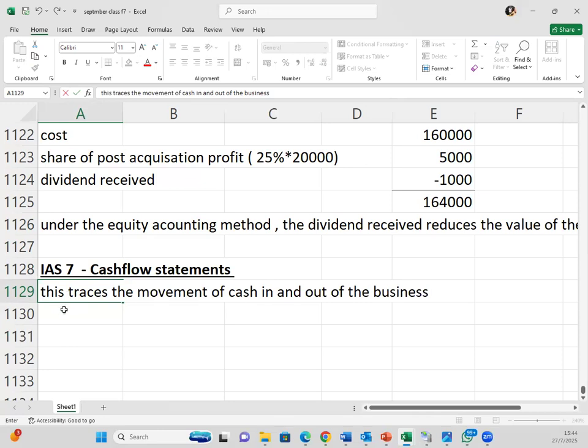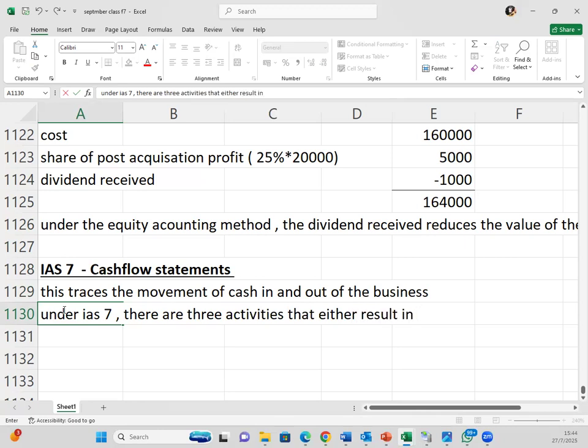Under IAS 7, there are three activities that result in us receiving or paying money.